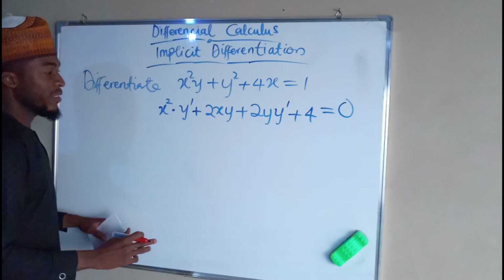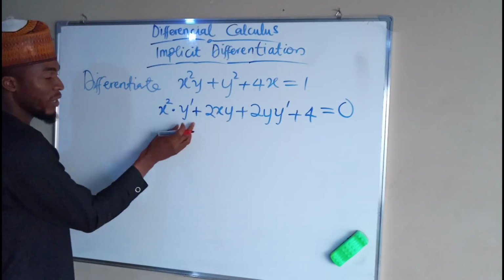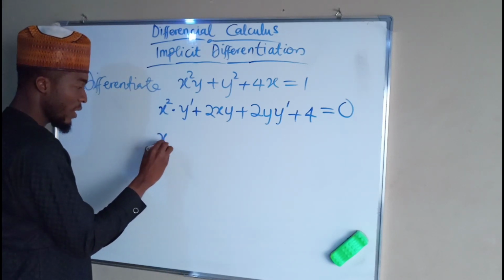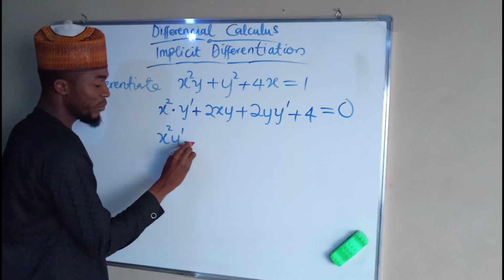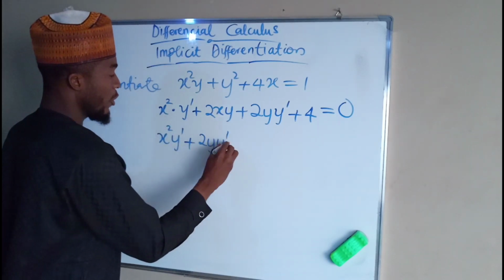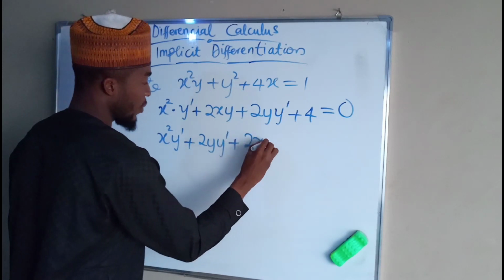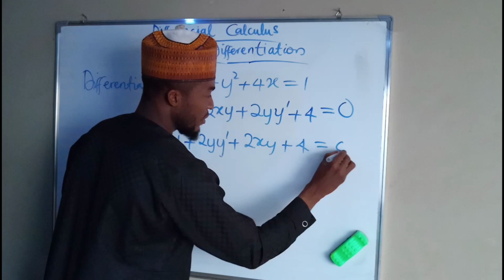Now I want to collect like terms, those with y prime together. So here I have x squared times y prime, which is x squared y prime. Then I'll bring this one to this place, which is 2y y prime, plus 2xy plus 4 equals 0.